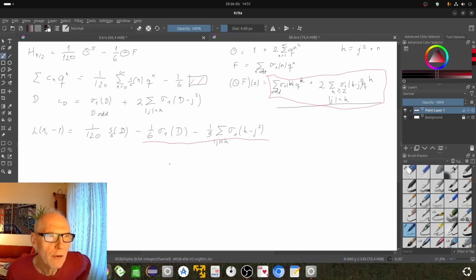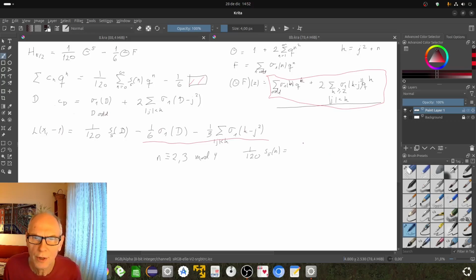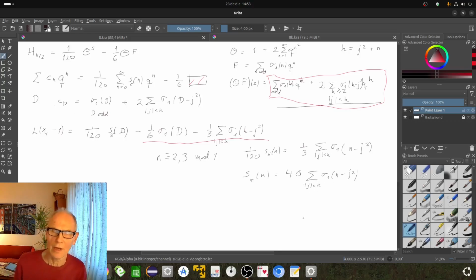The final thing I would like to try is, in case, what did we call it? N here is equivalent to 2 or 3 modulo 4, then this term vanishes. So this is equal to 1/3. Now this is interesting.